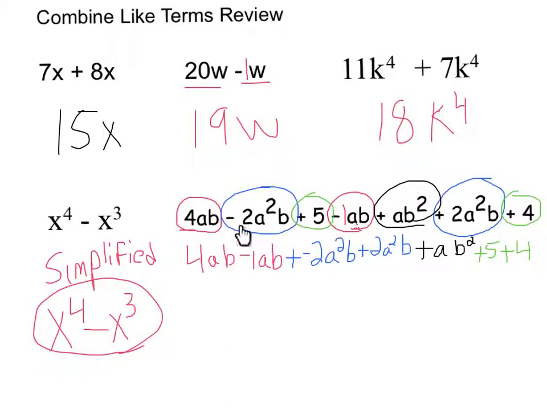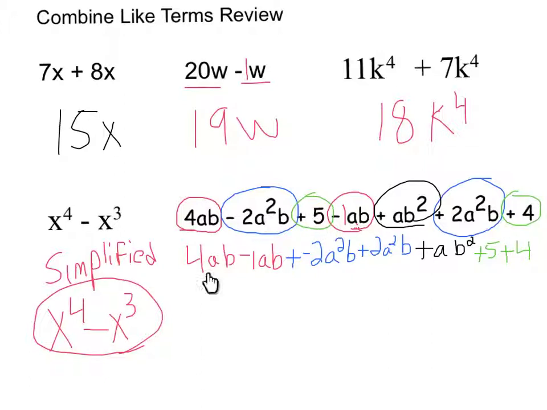So I'm going to write these together. I took this 2a squared b, and I combined it with the positive 2a squared b, so this is a negative and a positive. And then I took this ab squared. There are no other ab squareds, so that's going to have no partner, but there is a 5 and there is a 4, and those are called constants.